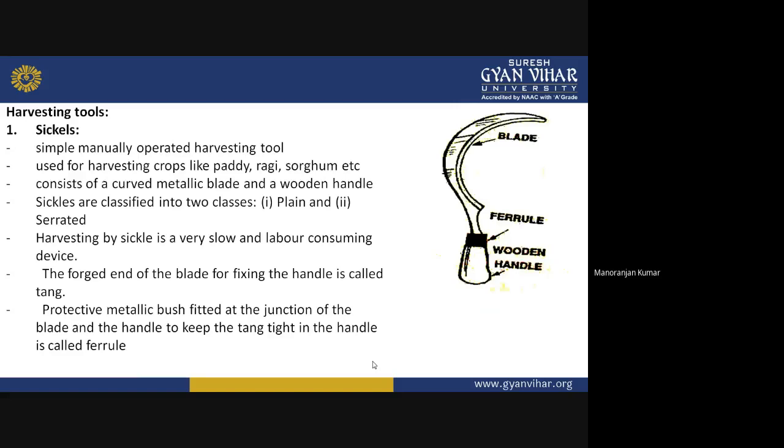First harvesting tool is the sickle. This is a simple manually operated harvesting tool, known as a sickle. It is used for harvesting crops like paddy, ragi, sorghum, etc. It consists of a curved metallic blade and a wooden handle.